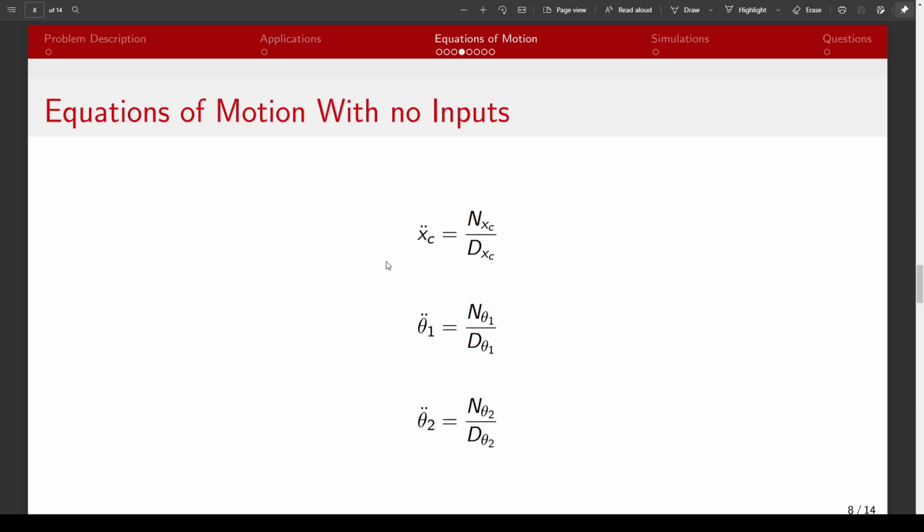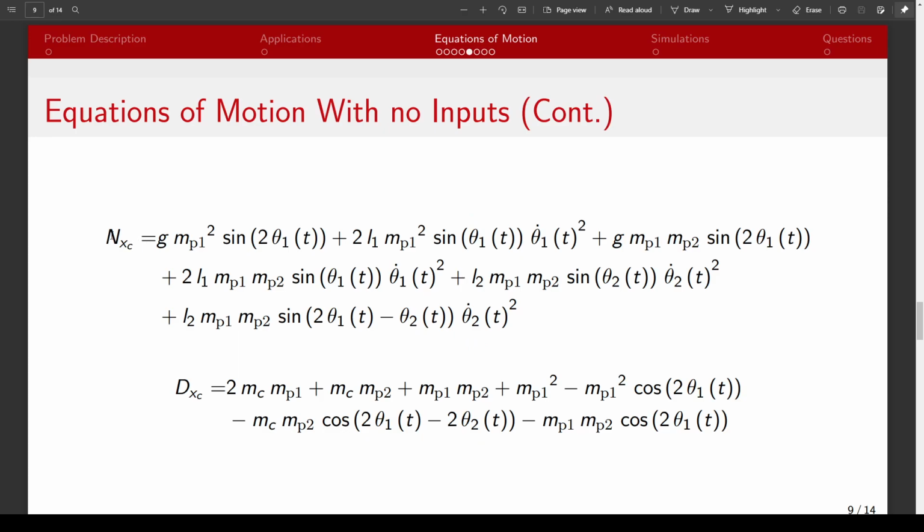So these equations are quite complex, which is why we have them broken down this way. So we have the acceleration of the cart, the angular acceleration of pendulum 1, the angular acceleration of pendulum 2, and then you can see the numerator and denominator for each of these equations are denoted with the particular subscript for that state variable.